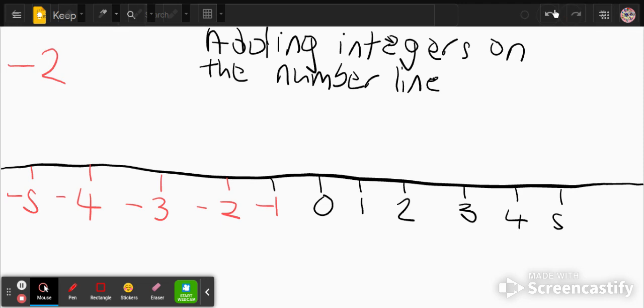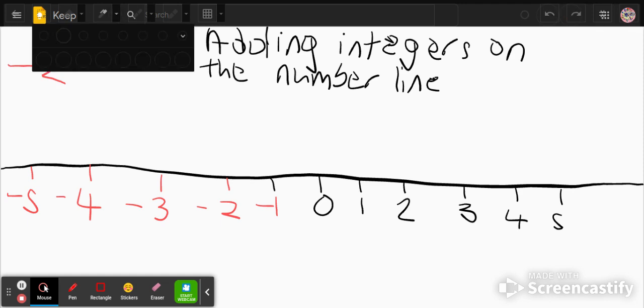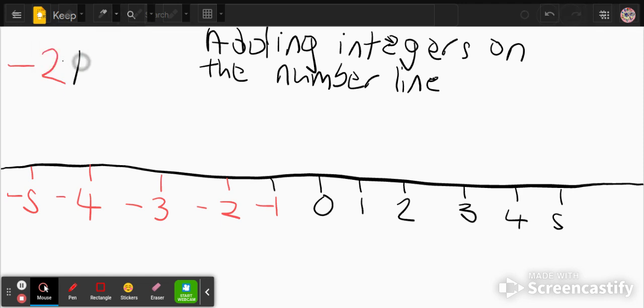Let's say if it was negative 2 plus 3. So now the rule states when a positive number is being added to a negative number, you move to the right of the number line, right? So now if you realize positive 3 is being added to negative 2.